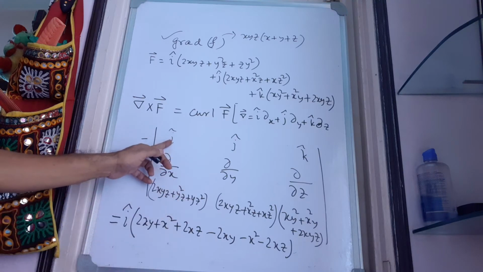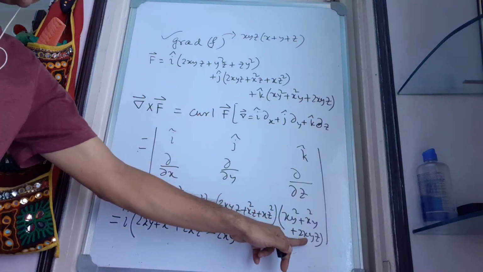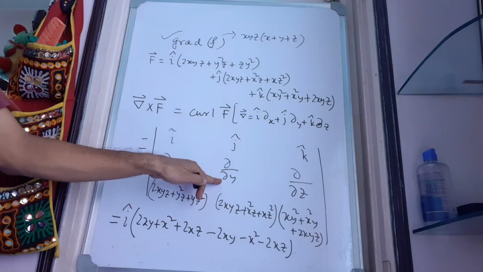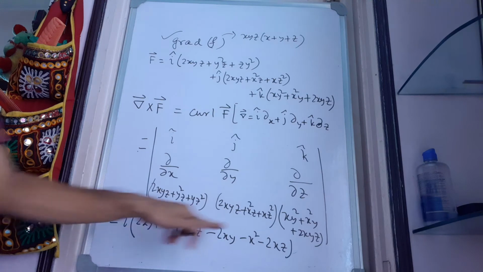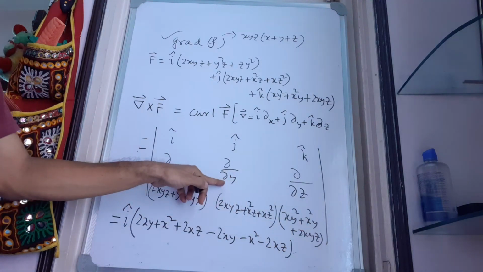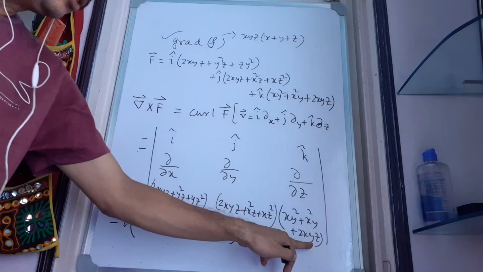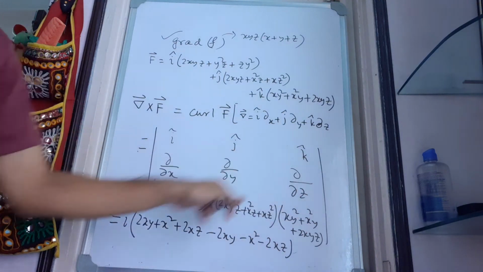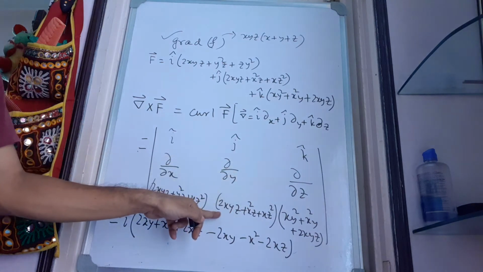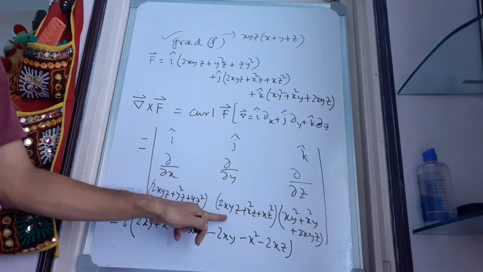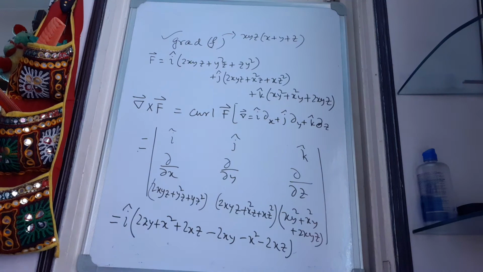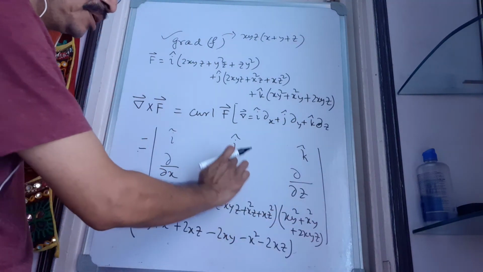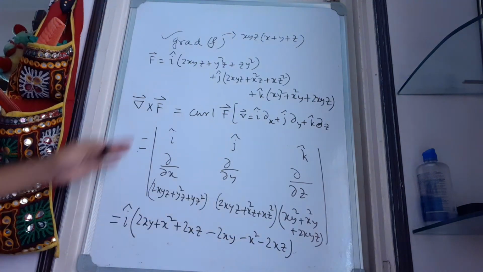So, i cap has the component del/del y of this function, which is xy square. When we take the partial derivative with respect to y, xy square gives 2xy, x square y gives x square, and 2xyz gives 2xz, minus this into this. Mind that del/del y will operate on this and del/del z will operate on this, because the order is this when we expand the determinant.